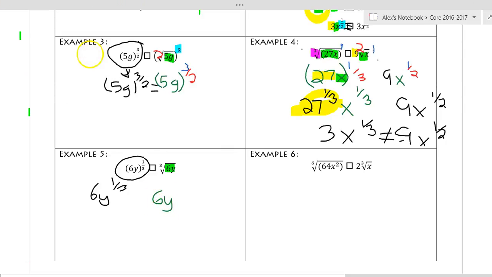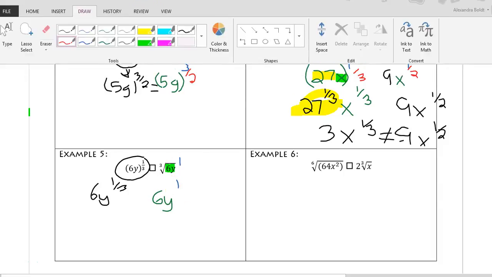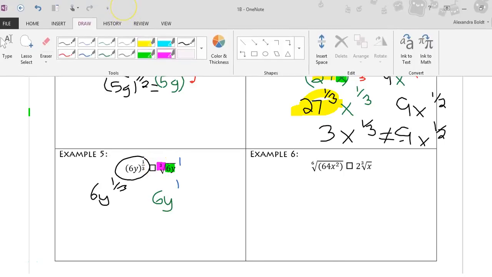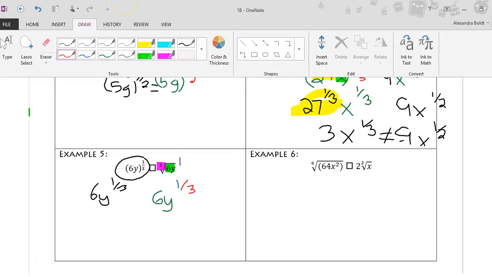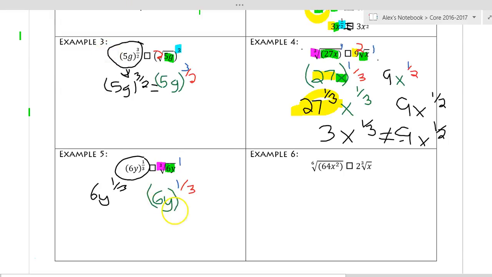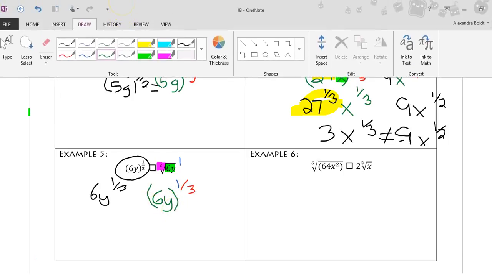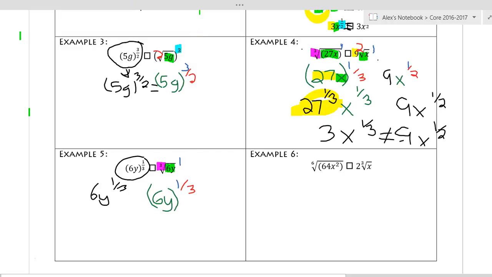My exponent is 1. And my root is 3. And again, 6y is my whole base, so that has to be in parentheses. The left side, still have nothing to change, just 6y to the 1/3.